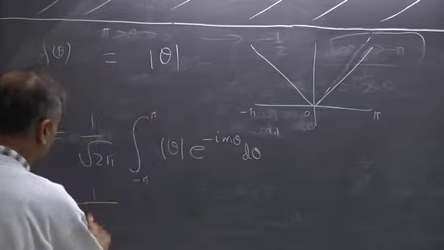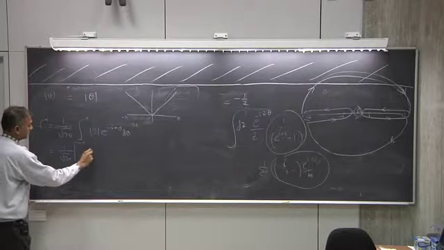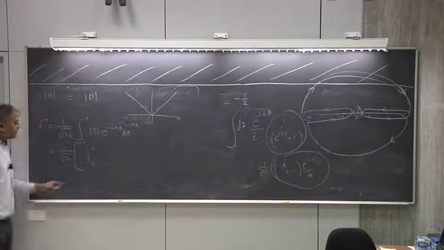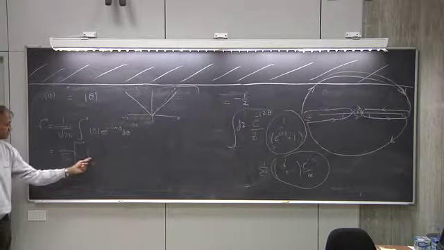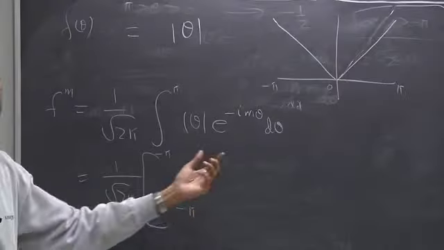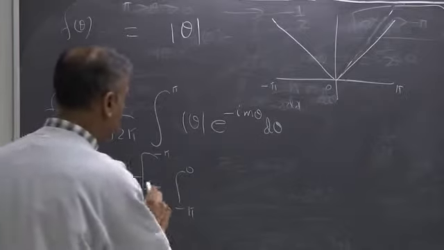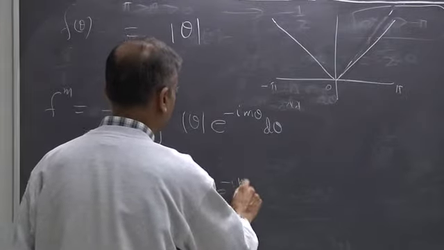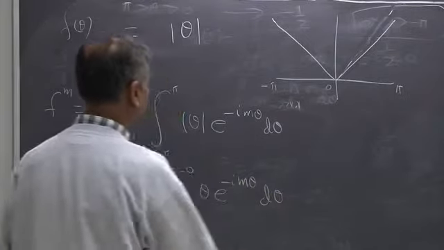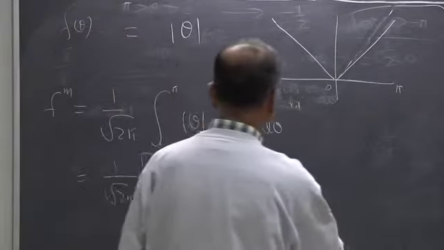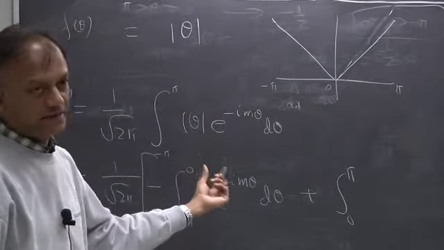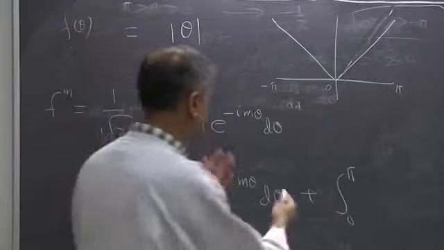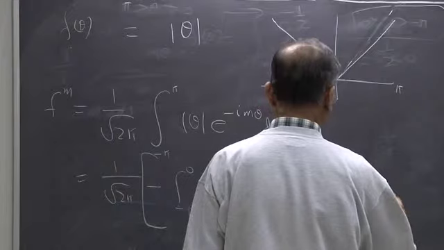So it is 1 over root 2 pi, integral from minus pi to 0, but in minus pi to 0, absolute value of theta is minus theta, because in this range theta is negative. So it's minus theta e to the minus i m theta d theta, and then I have from 0 to pi, but in 0 to pi absolute value of theta is the same as theta, because theta is positive.